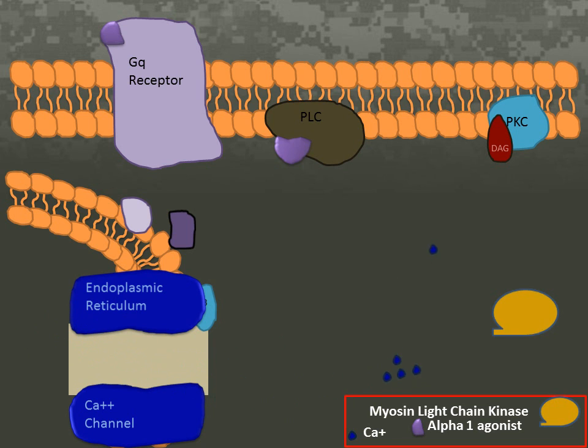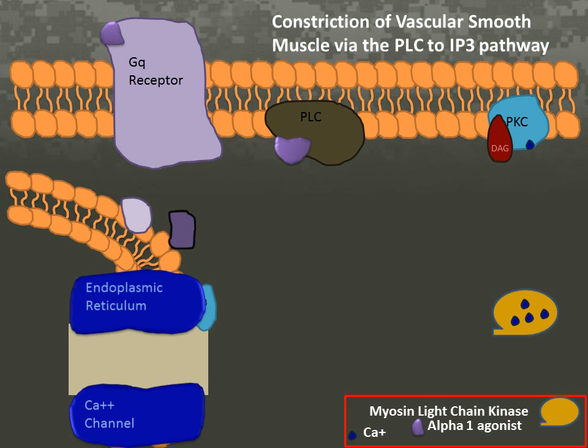This calcium binds to calmodulin and in turn binds to myosin light chain kinase. This complex binds to myosin, which activates actin binding and leads to smooth muscle contraction.